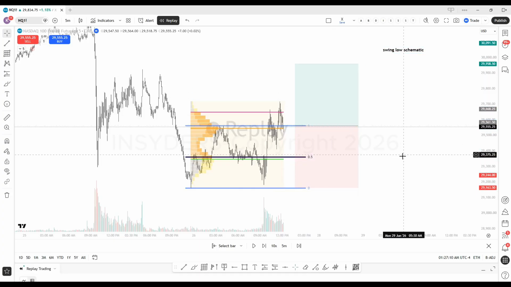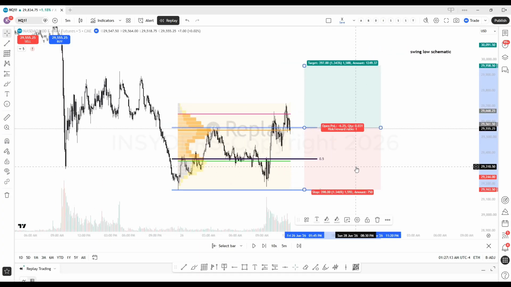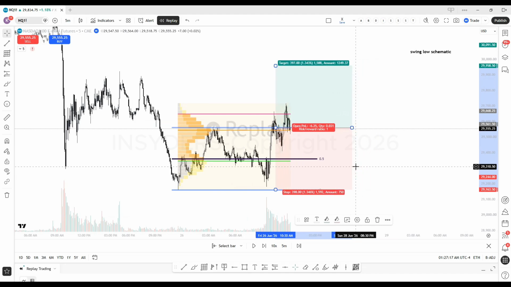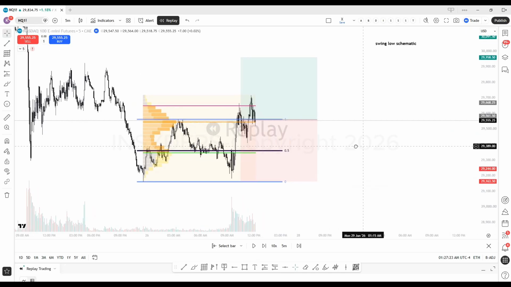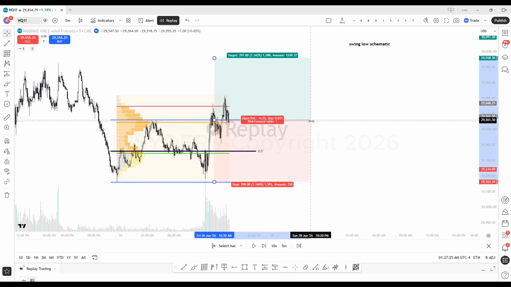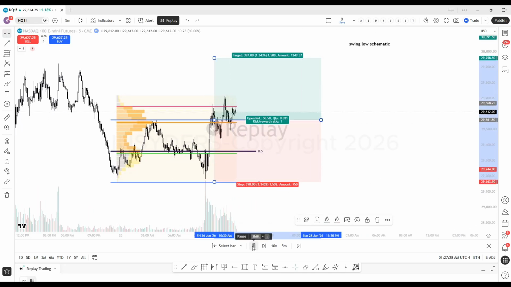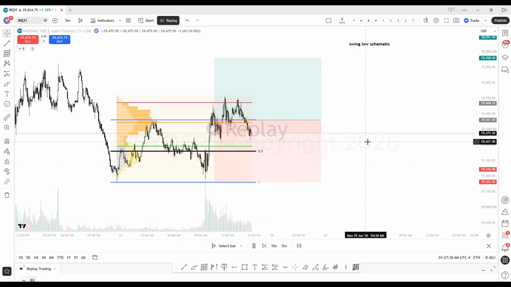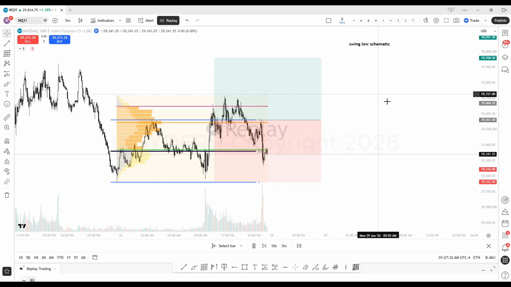So we will be looking for longs, because we understand that the market chose to accept above here. And we would have the projection as 1-to-1.